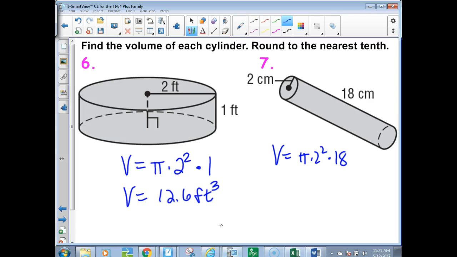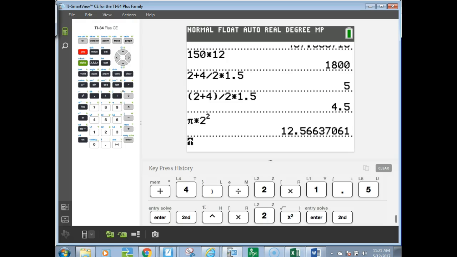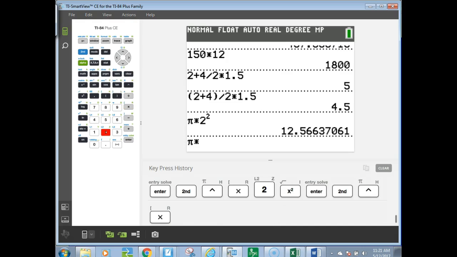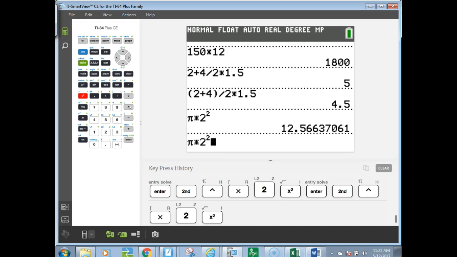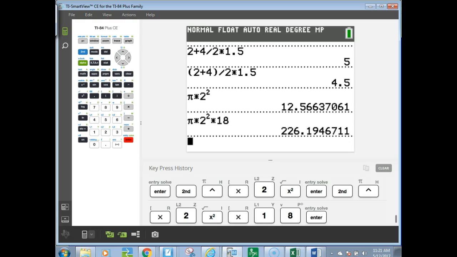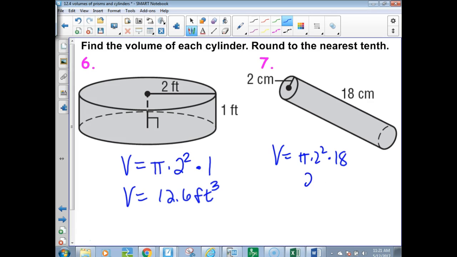Okay, so pi times 2 squared times 18. That's 226.2 cubic centimeters.